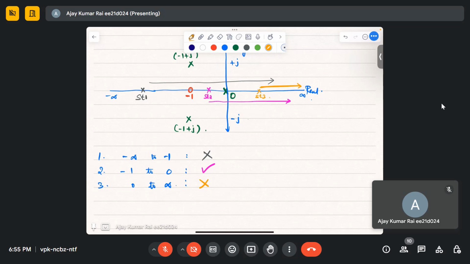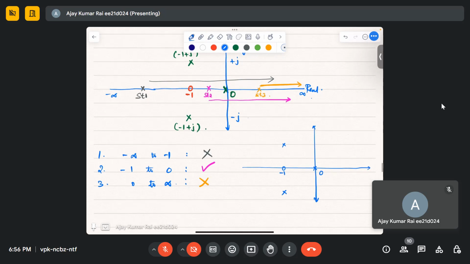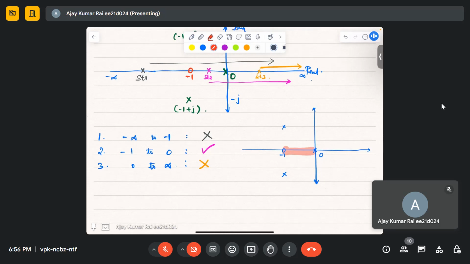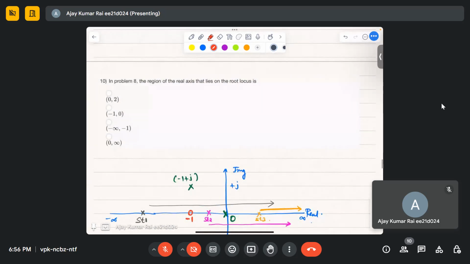If I draw -1 to 0, these are the two poles, and the root locus exists in this region. So the correct option is -1 to 0.